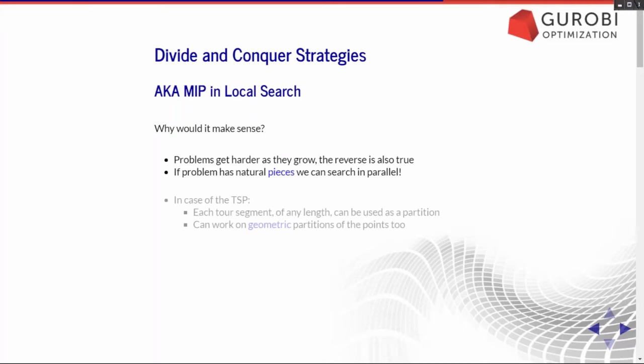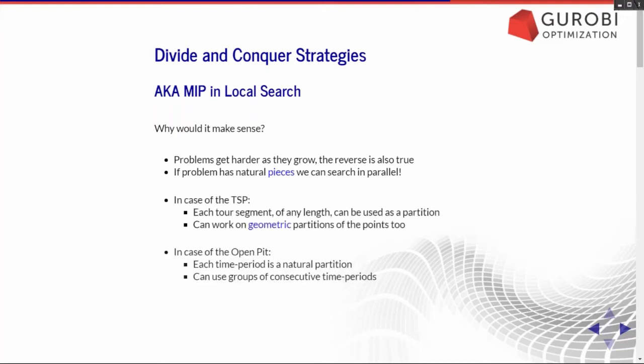Well, sure, problems get harder as they get bigger, but also they get way easier, much faster than you would think when you look at small pieces of your problem. And moreover, in many of these problems, it's natural to have pieces within the problem. So in the case of the TSP, you can think that every continuous segment in your current solution is a sub-piece to optimize.